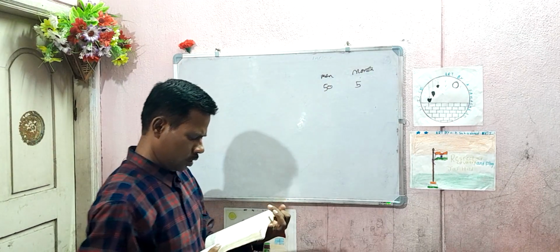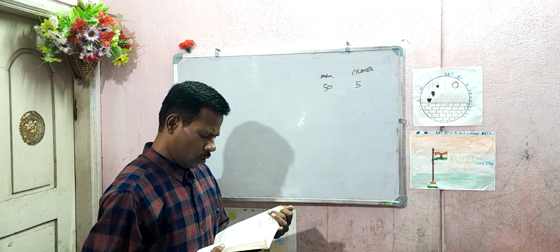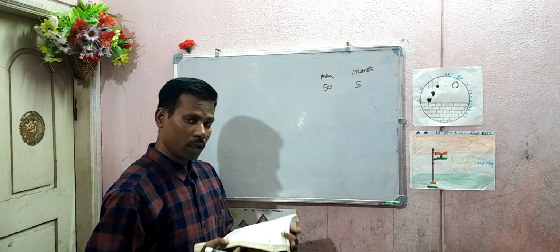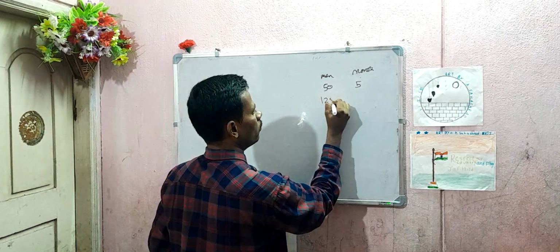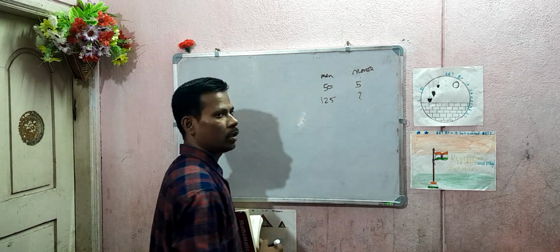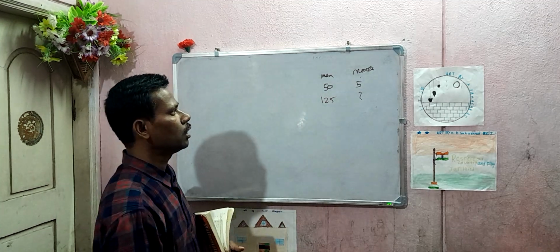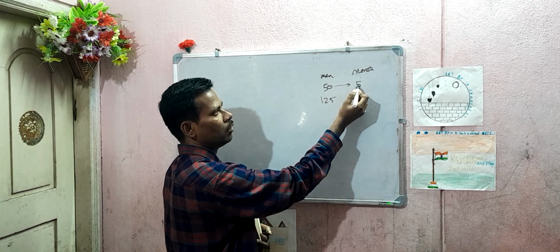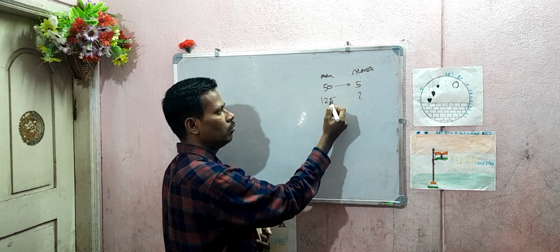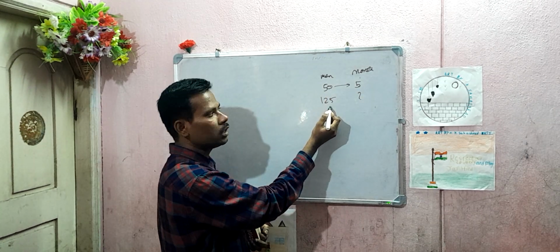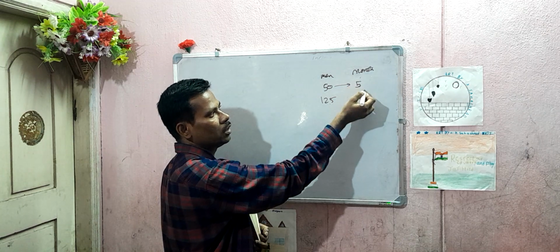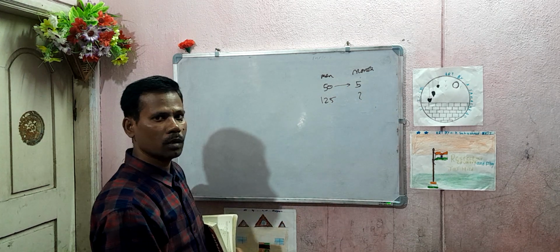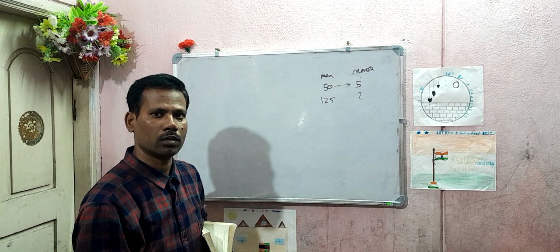Now in how many months the same work can be completed by 125 men? How many months they will take? Now see here, actually 50 men are there, 5 months. But now the manpower is increased to 125. That means they will not take 125 months. They will take less months.